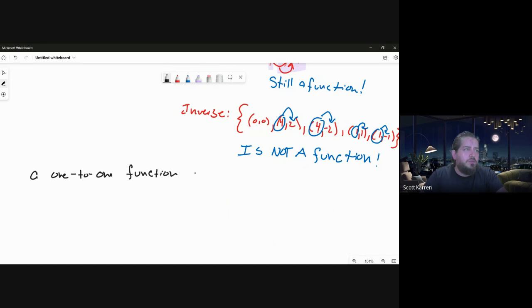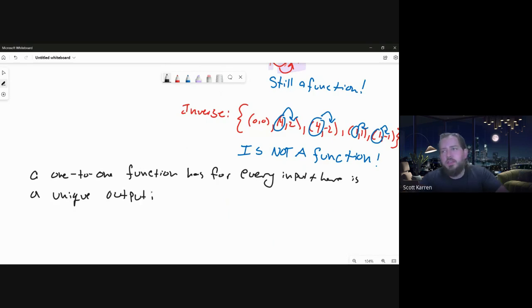And so a one-to-one function has, for every input, one, or let's just say a unique output.